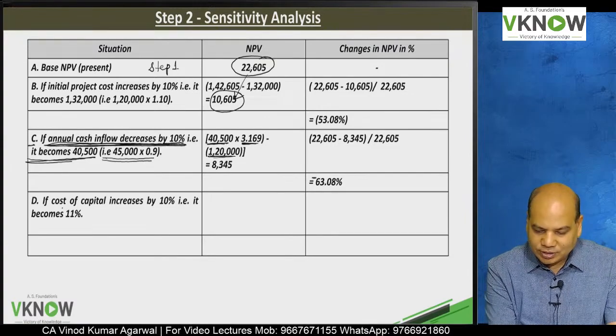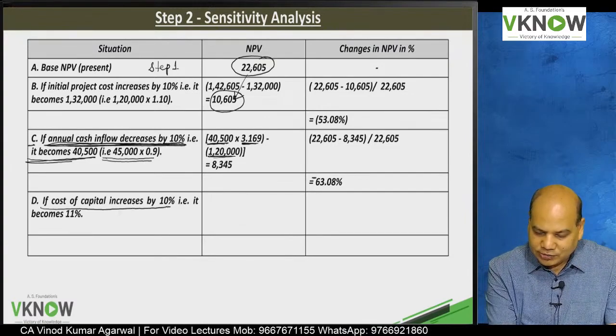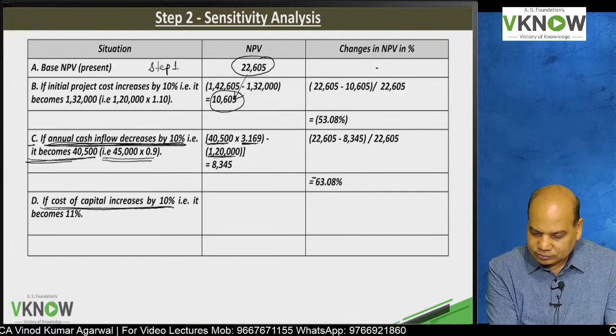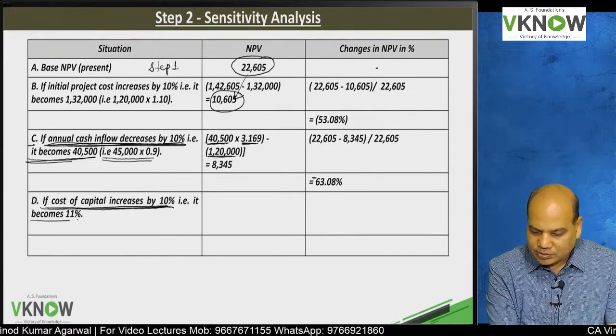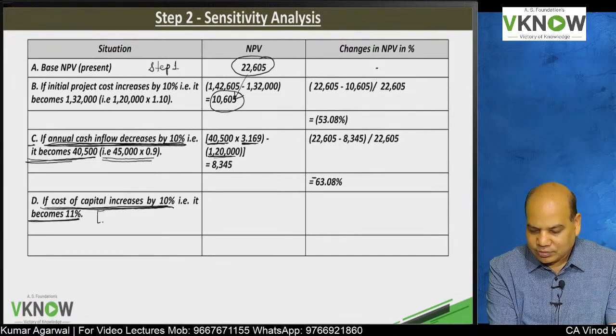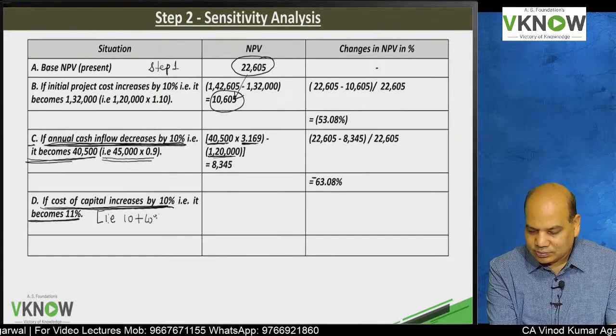If the cost of capital increases by 10%, that is, it becomes 11%. Why 11%? 10 plus 10% of 10.